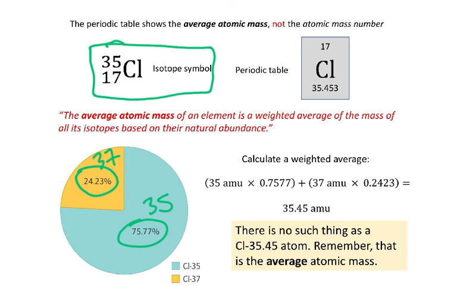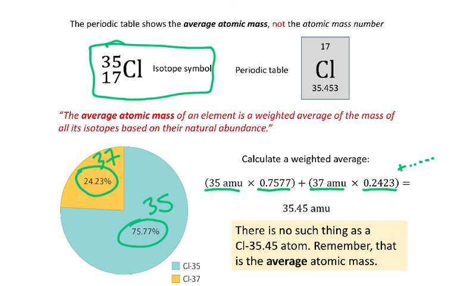And so the way that you would calculate a weighted average is that given mass times the percentage plus the next given mass times its percentage, and more terms if you had more terms. Like we saw, carbon has 3 different isotopes, right? And then that would calculate to be the average atomic mass.